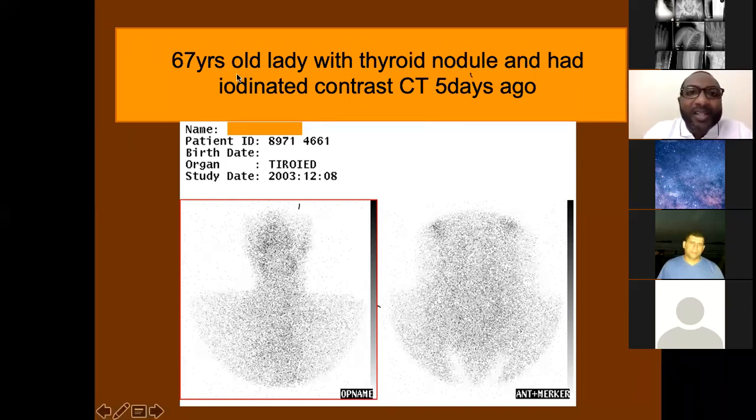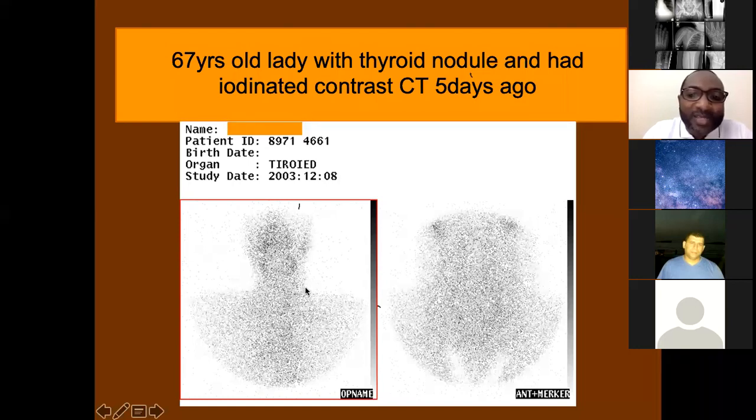So remember, the history is that this patient has a thyroid nodule. So it means that this patient didn't have any surgical procedure, right? But what is key here is that this patient has had a contrast examination. And contrast examination is one of the differentials that shows an absent uptake, okay? So her absence of uptake is not because of any disease, it is purely a technical issue.